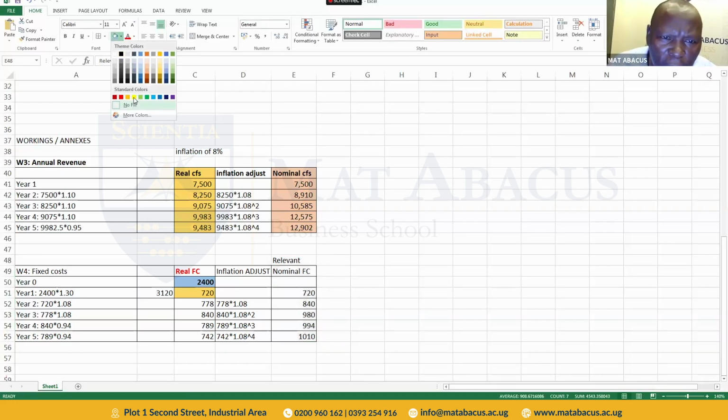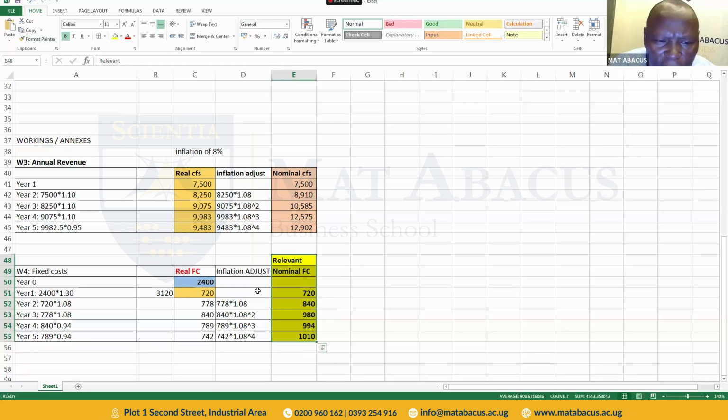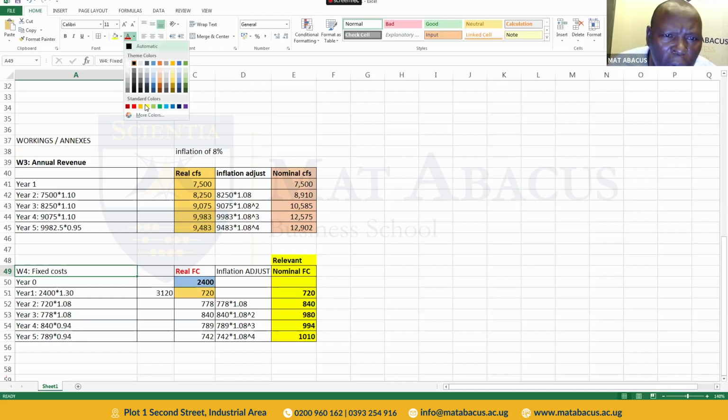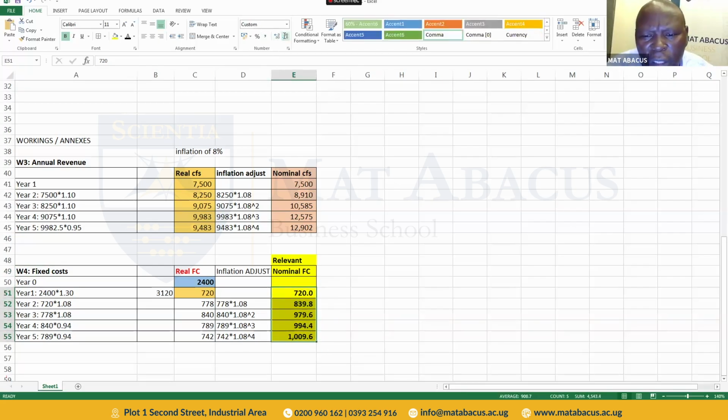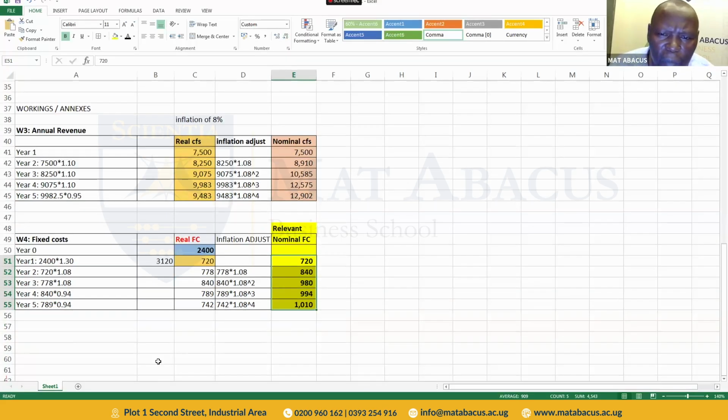That is the cash flow I'm looking for as your fixed costs. That one will go into your table, and that's what we've been looking for. So take note. This is the inflation adjusted cash flow we were looking for, but there's a lot to learn from that.